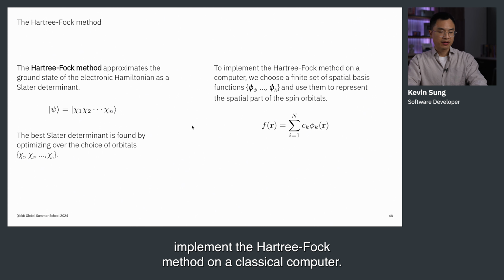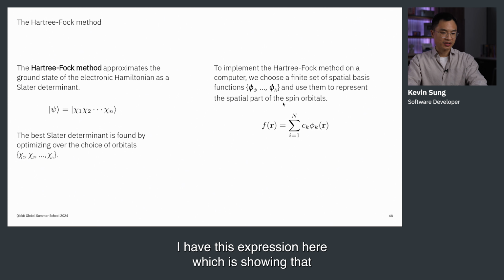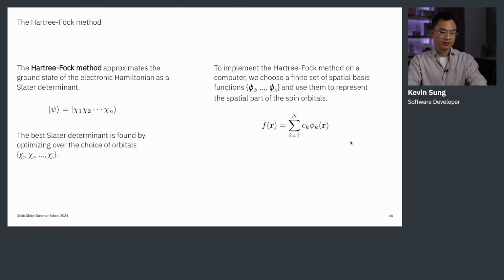To actually implement the Hartree-Fock method on a classical computer, we would choose a finite set of spatial basis functions and use them to represent the spatial part of the spin orbitals. So here I have written this expression, which shows that, again, a function is going to be represented as a linear combination of the spatial basis functions.